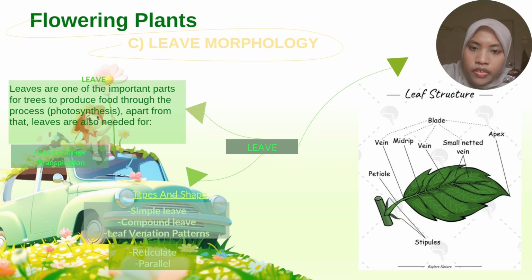For the leaf venation patterns, we have two items: parallel and reticulate. For the pictures, you can see the leaf structures. Okay, thank you. That's all from me. Now I will pass to my partner.